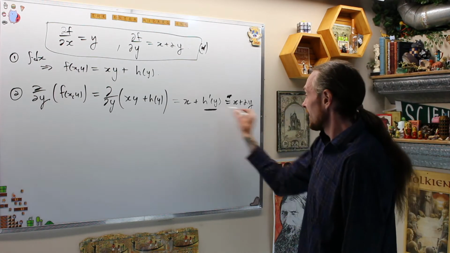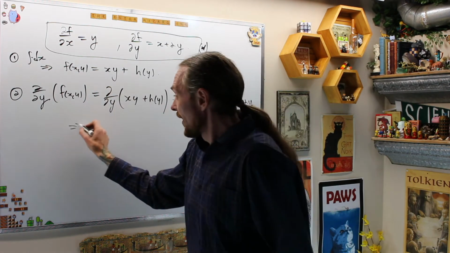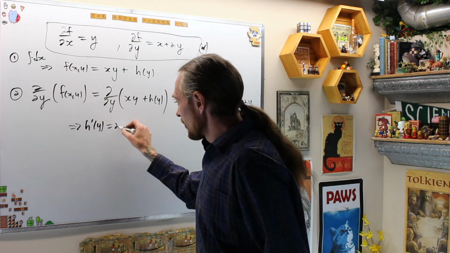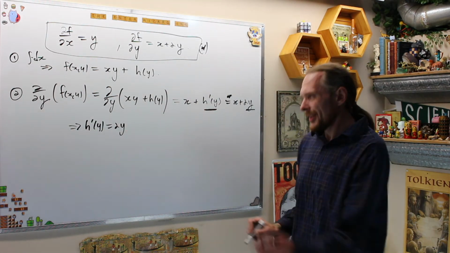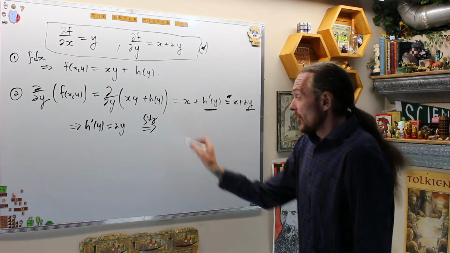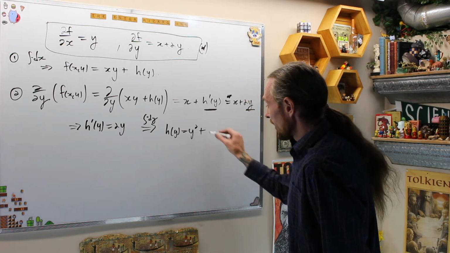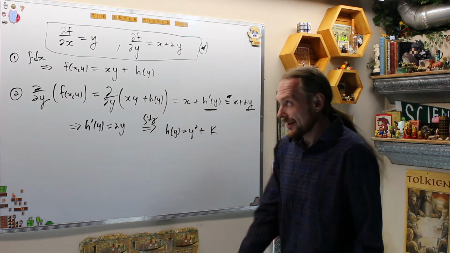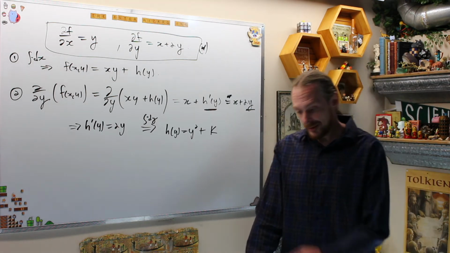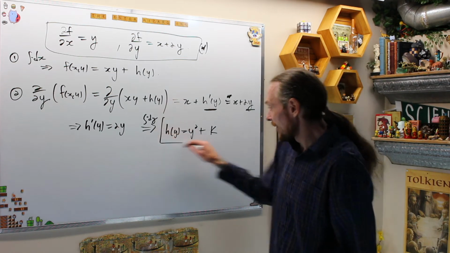Aha! I compare them, and that says h prime of y must equal 2y. Therefore, I integrate with respect to y, and I get h of y is equal to y squared plus now k, I guess, because c is my curve, which I disagree with. Gamma is the curve, c is my constant of integration, but some books use k.